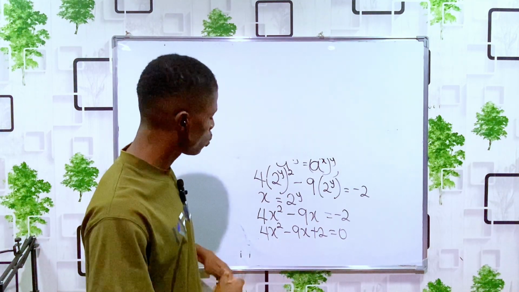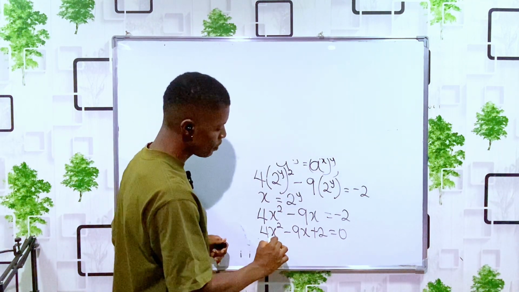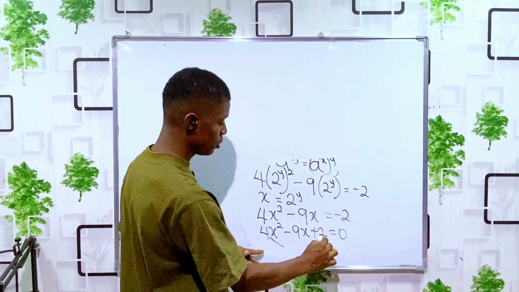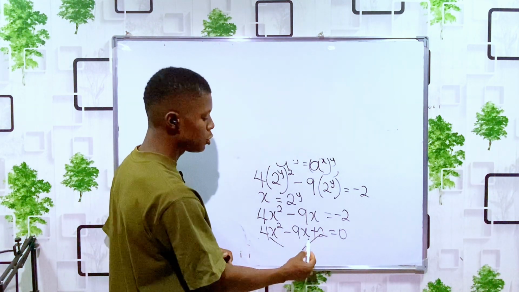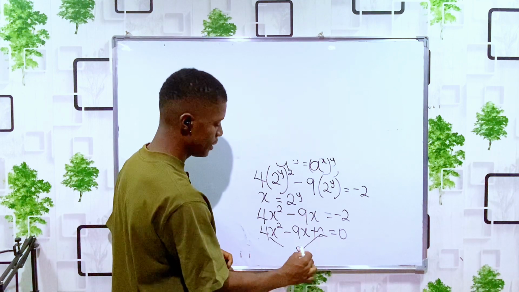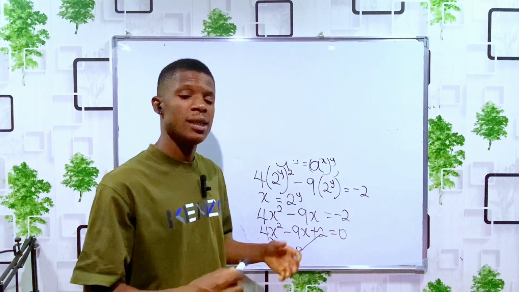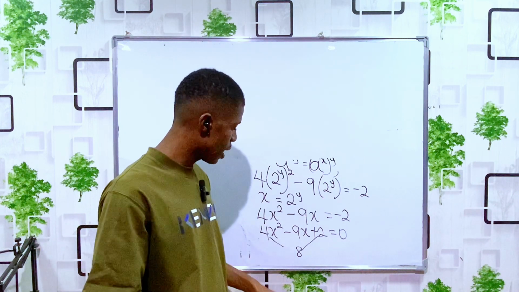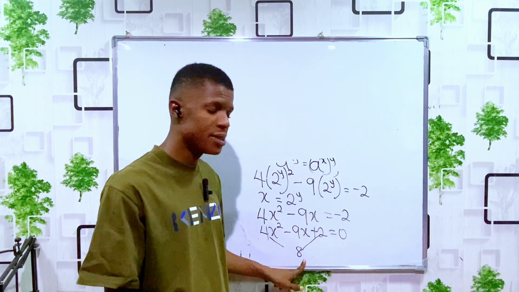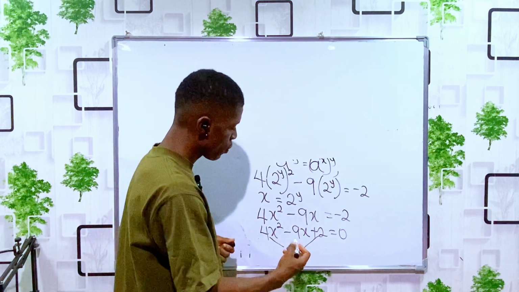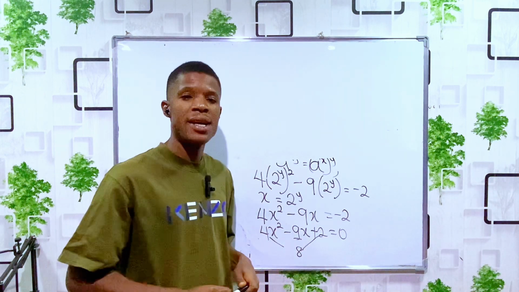To factorize a quadratic equation, we multiply the coefficient of x squared by the last term. 4 times 2 is 8. The next thing is to think of two numbers that when you multiply them together, you get a positive 8, and when you add them together, you get the middle term, minus 9.